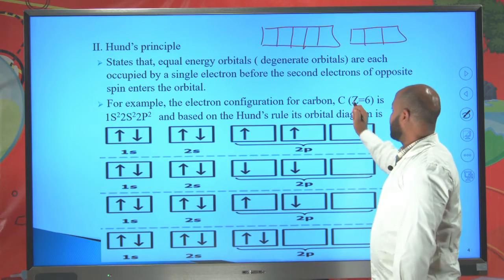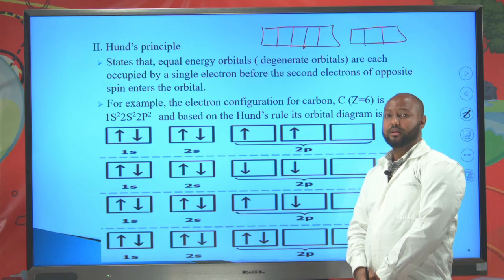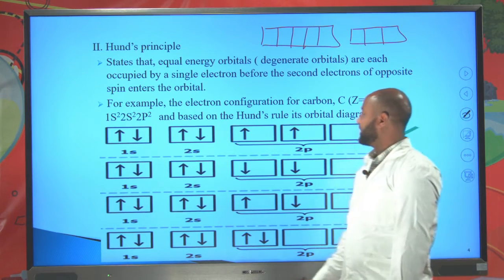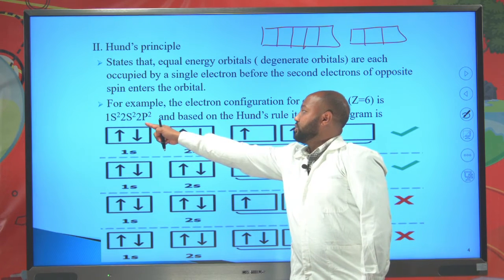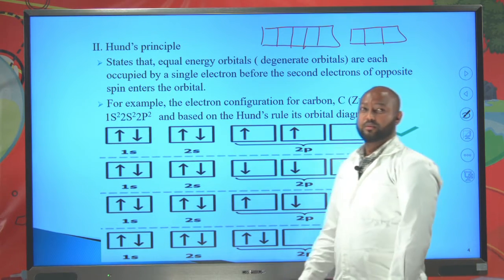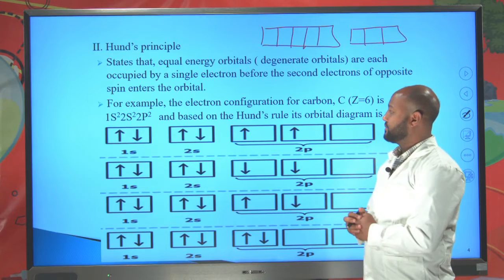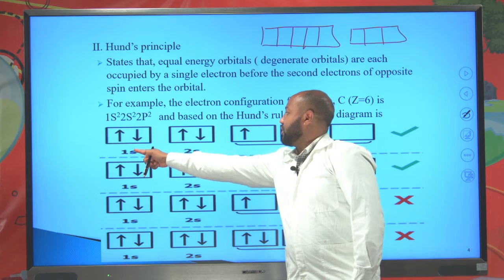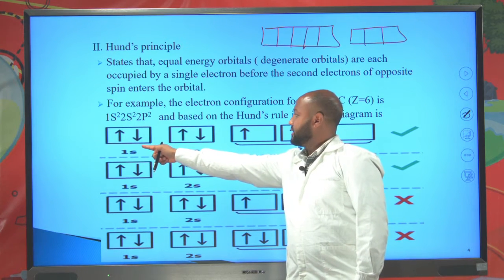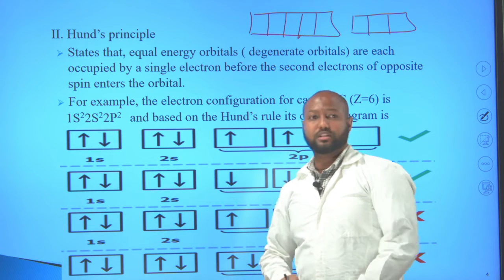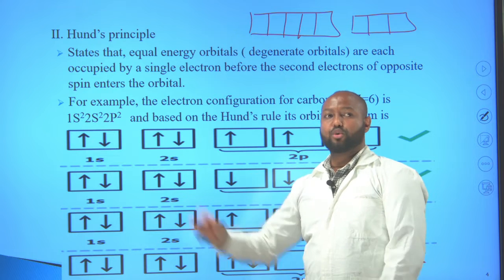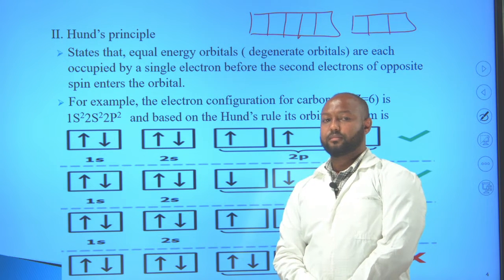For example, let's see the electron configuration for carbon, which has atomic number 6. Its electron configuration is 1s2, 2s2, 2p2. S can have a maximum of 2 electrons, so 1s2. This is the orbital diagram representation. Electrons are represented by arrows, and the box represents the orbital.